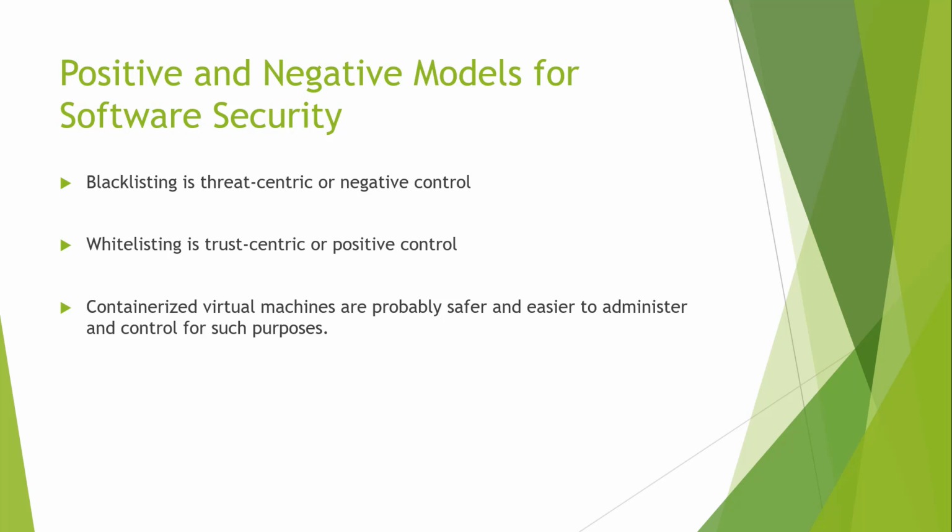Whitelisting is a positive control. More often than not, organizations used to blacklist applications and sites. What would happen is you could run anything that wasn't on the blacklist. So you could blacklist certain applications once they were known.